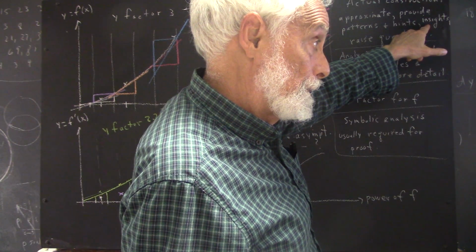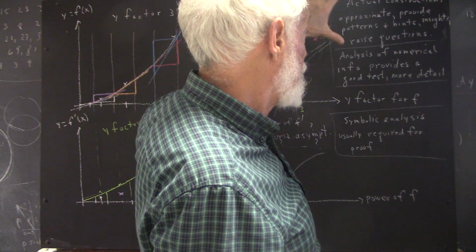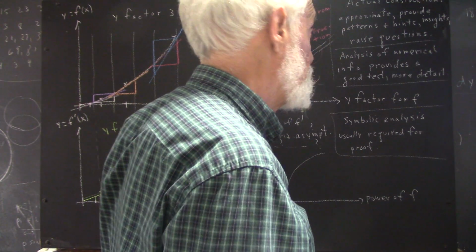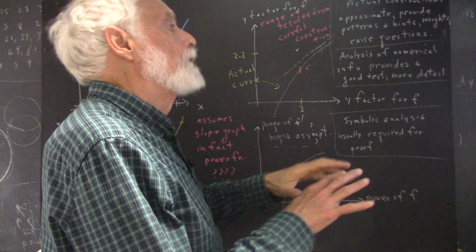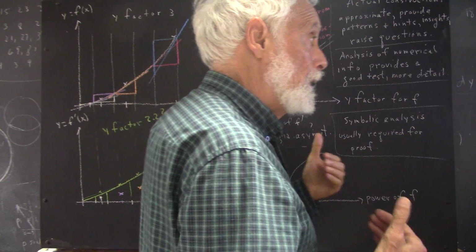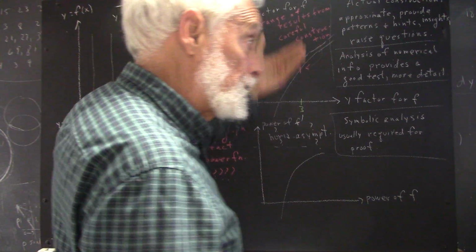We can get insights, but we don't get anything precise or exact from approximate constructions. We can gain a great deal of insight and an understanding of the context that allows us to do further analysis and guides us in it. It can raise questions like the question of asymptotes.